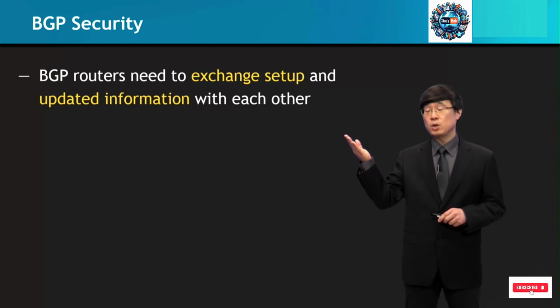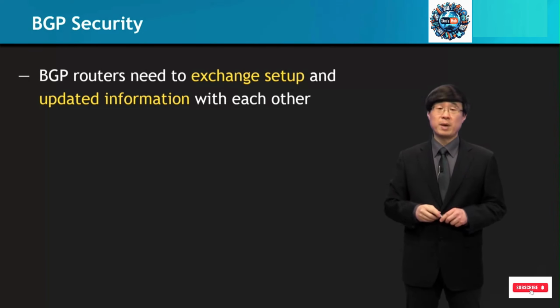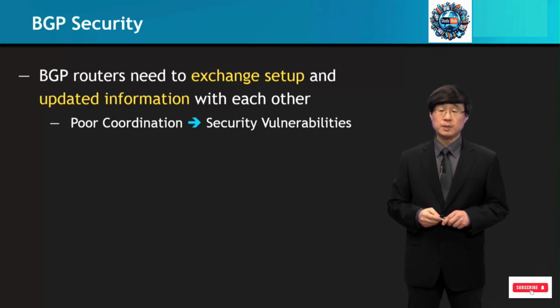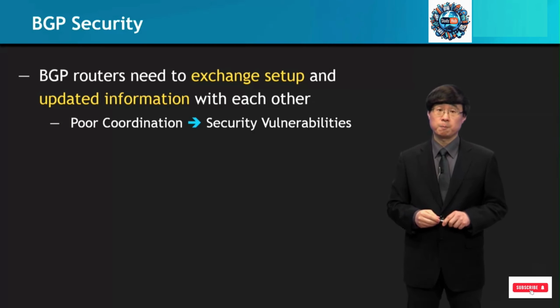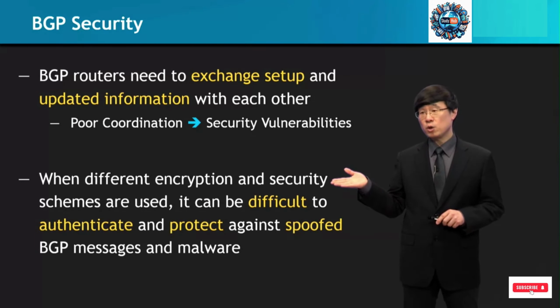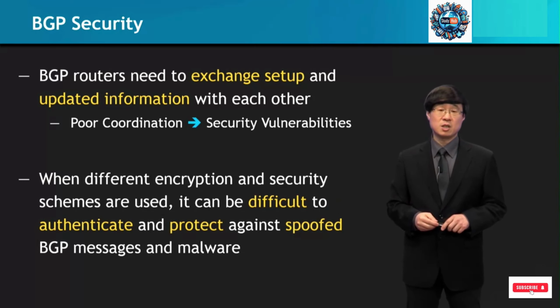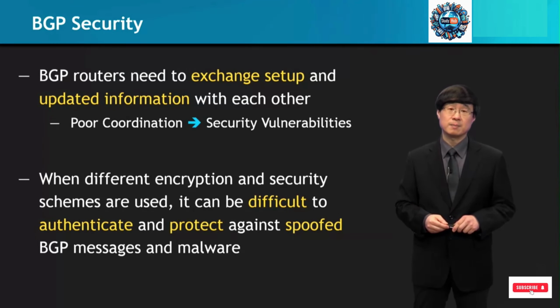BGP routers need to exchange setup and updated information with each other. Now, if poor coordination happens, then security vulnerabilities will occur. When different encryption and security schemes are used, it can be difficult to authenticate and protect against spoofed BGP messages and various malware attacks.